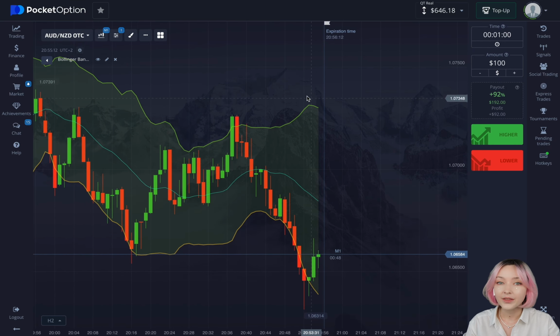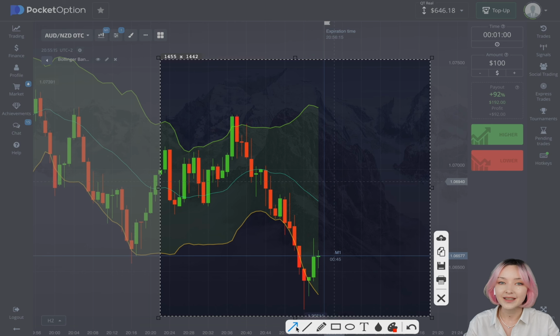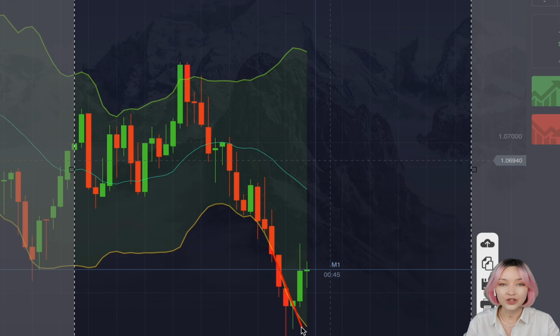The important thing to notice is the moment when the channel's borders start going separate ways, and the channel starts widening just like this. Such an occurrence indicates a newly appeared uptrend or downtrend.